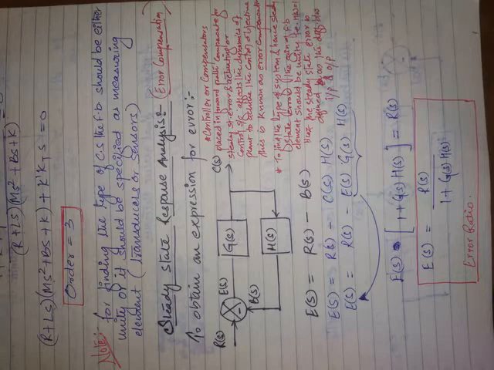If you remember, when we were discussing that level control system in the introduction class, we showed the control loop diagram as: this is the controller or compensator, this is the plant, this is the output.